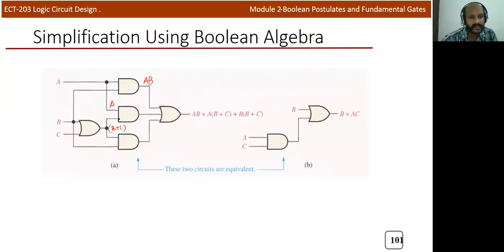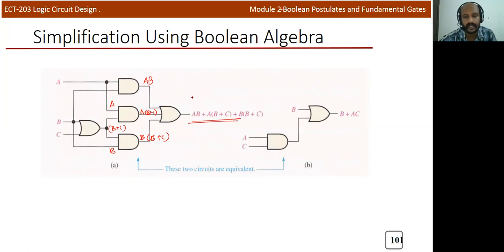So B plus C is the input for this gate. So you'll get A into B plus C will be one of the inputs for this OR gate. And here the lower part, you can see that it's B into, okay, one input is B, another one is B plus C. So B into B plus C will be another input for this OR. So finally, if you perform the OR operation, you will get this.